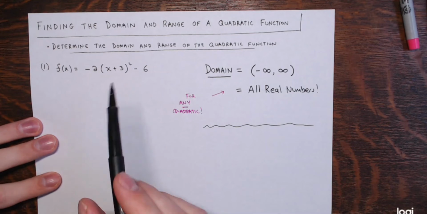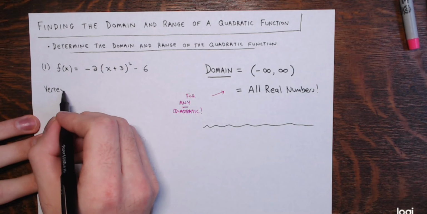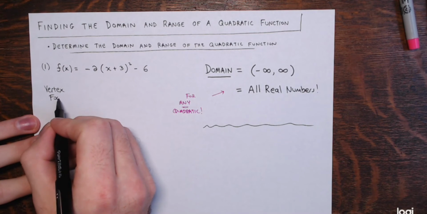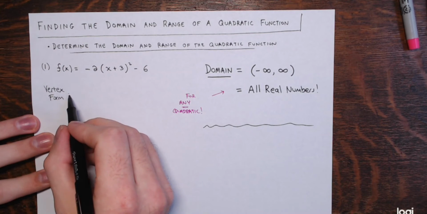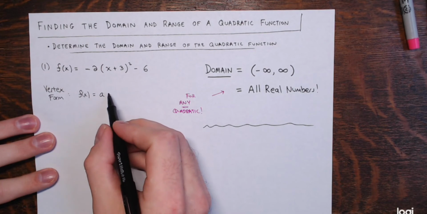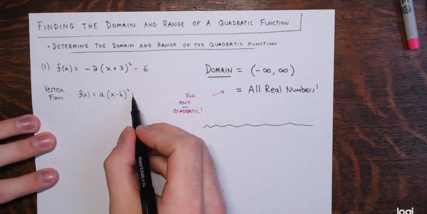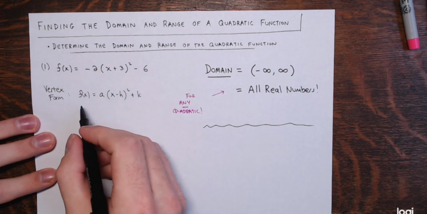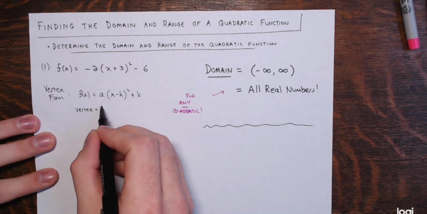This equation is in the vertex form, or standard form, that I talked about in my last video, earlier in the section, where f of x or y equals a times the quantity x minus h squared plus k, and the vertex has coordinates (h, k).